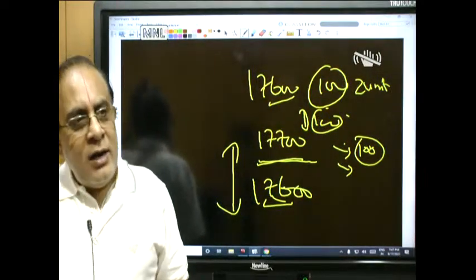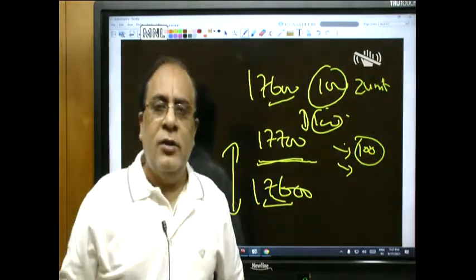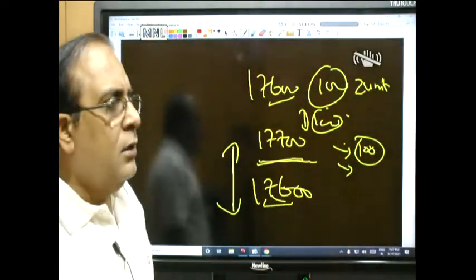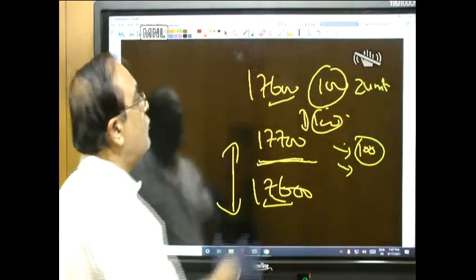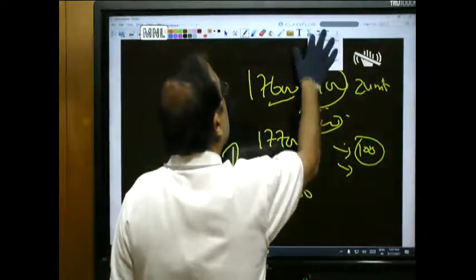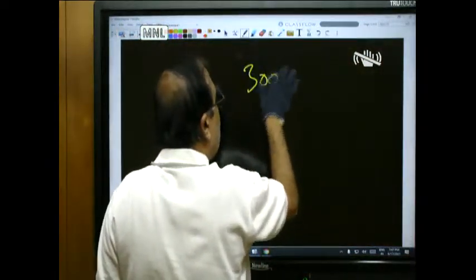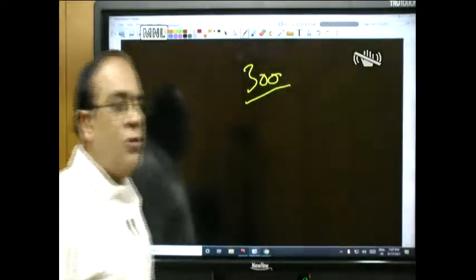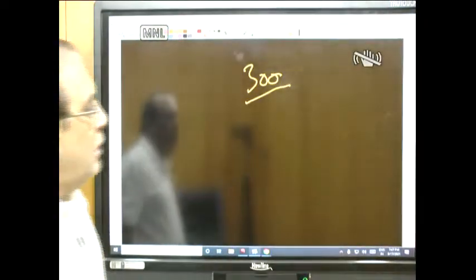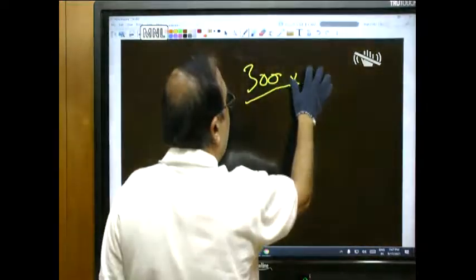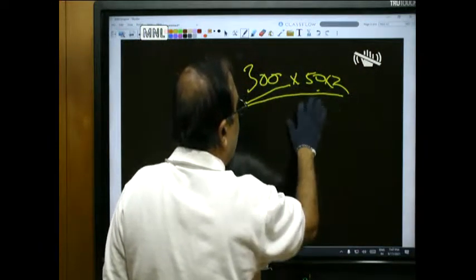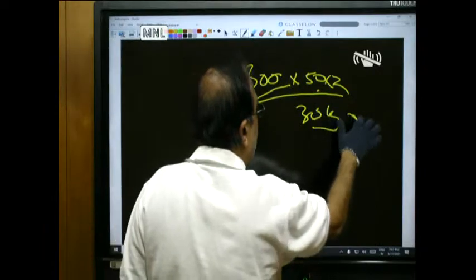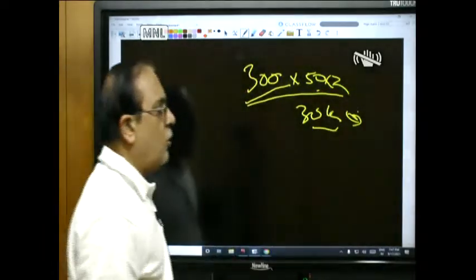Assuming it is at 300 rupees or so, 300 into 50 into 2. So this is going to keep reducing; 30,000 will finally come down to 10,000 by the week.